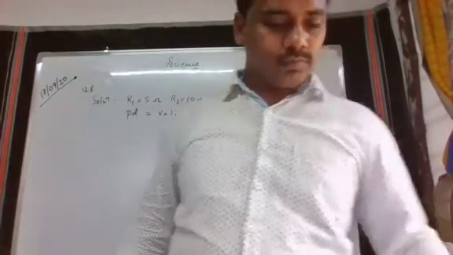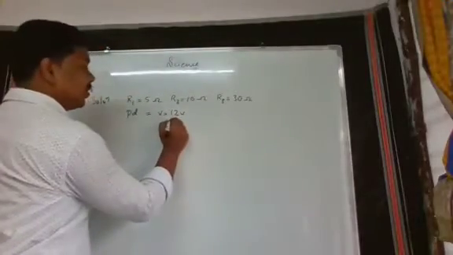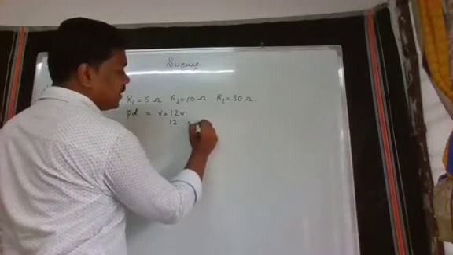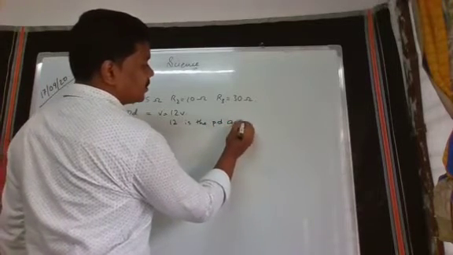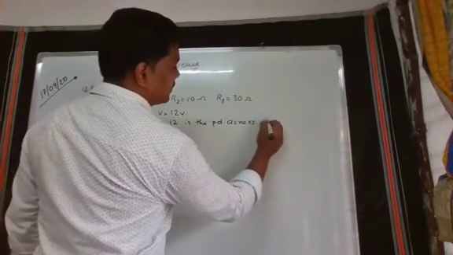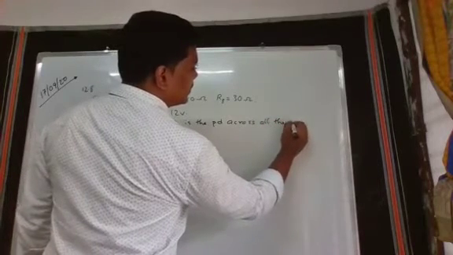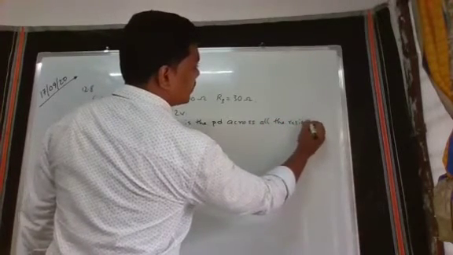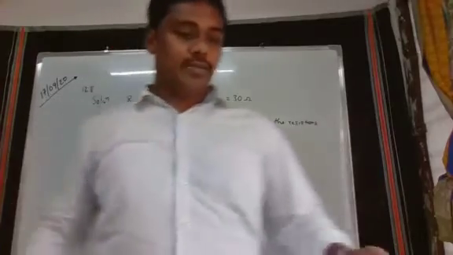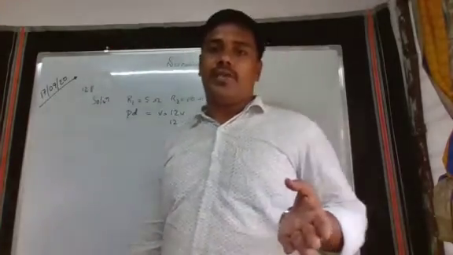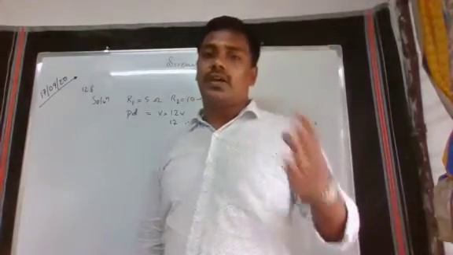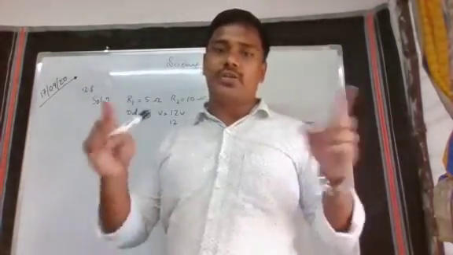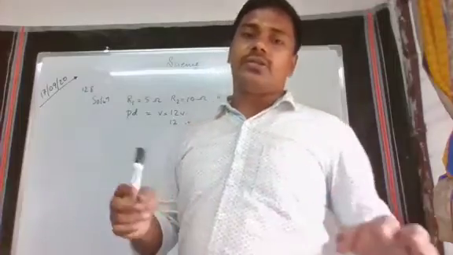This 12 volt is the potential difference across all the resistors individually. We studied in our activity that the voltage in the full circuit is V, and if we take individually also, it is V.